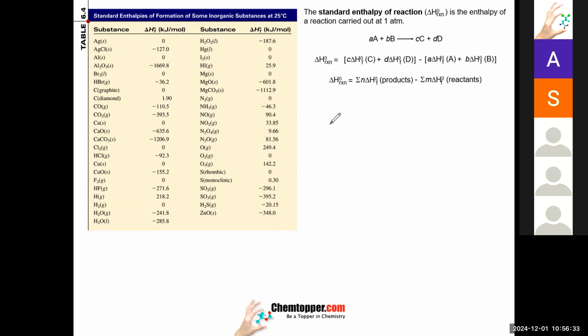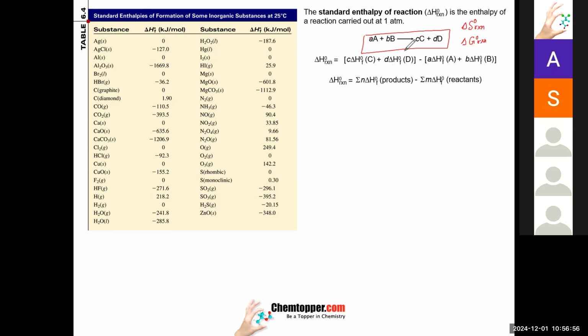Now I am going to use this information of delta H naught formation to calculate the delta H naught reaction. This equation is valid for delta S naught reaction also. Same equation. Delta G naught reaction in unit 9, same equation I will be using there.